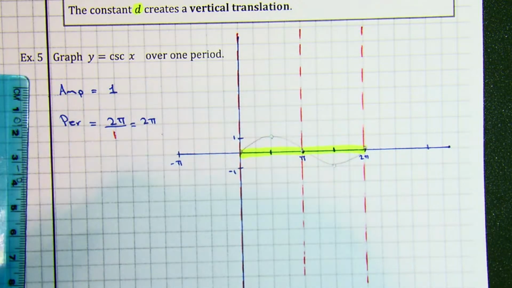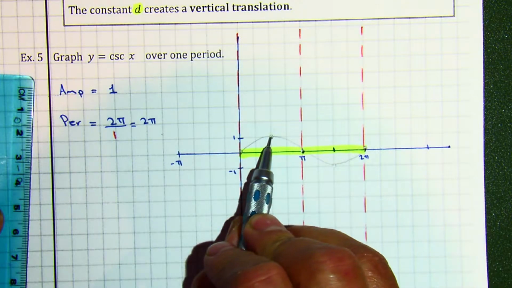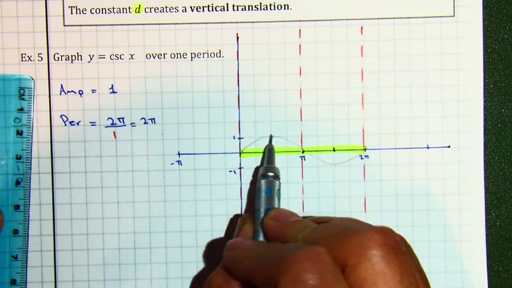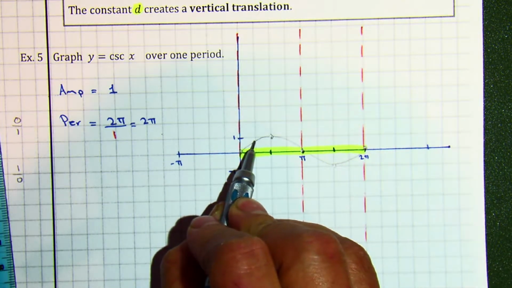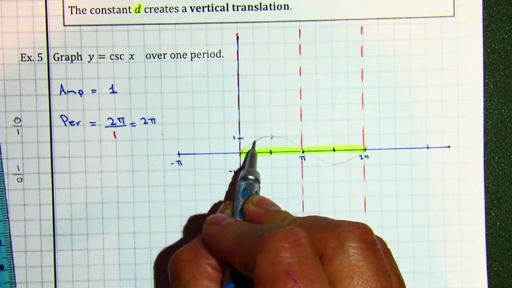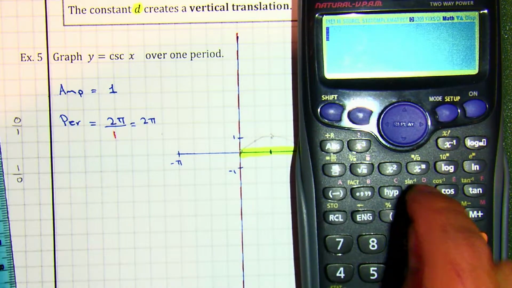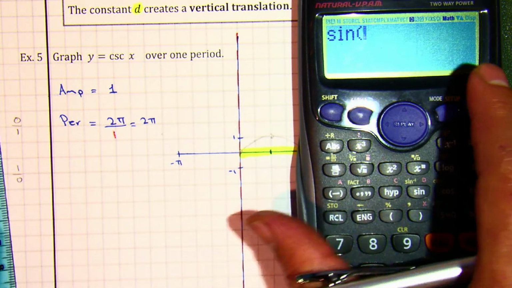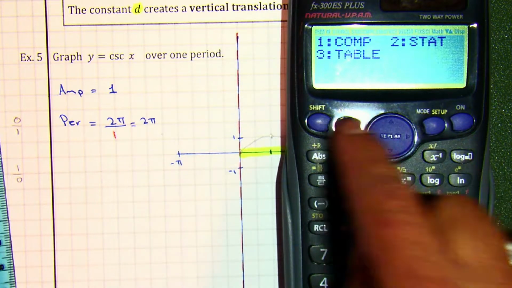And now we are going to take the reciprocal of 1, which is 1. If you want to take the reciprocal of the sine of pi over 4, remember that the sine of pi over 4 is square root of 2 over 2. The square root of 2 is about 1.4, so this is 0.7. Make sure I have my calculator on radians, so I'll have to go to mode or setup.